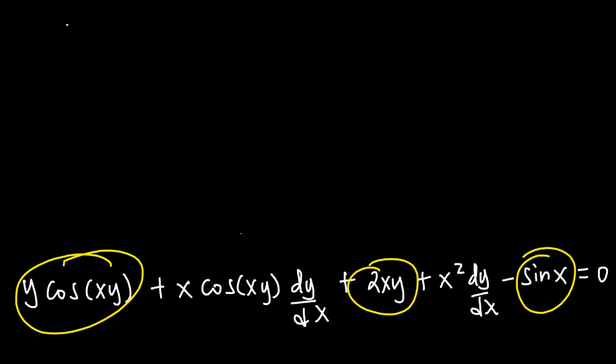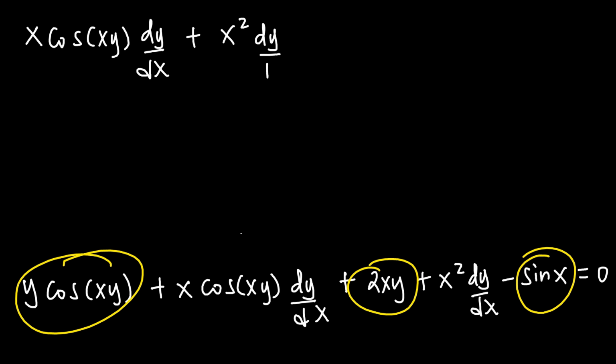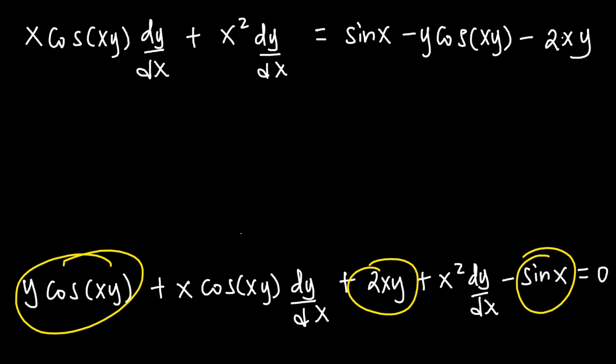So on the left hand side, we shall remain with x cos(xy) dy/dx plus x^2 dy/dx equaling to, now negative sin x will become positive sin x, and then minus y cos(xy) and then minus 2xy.